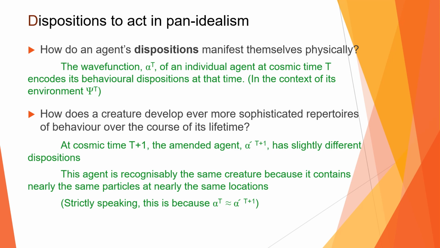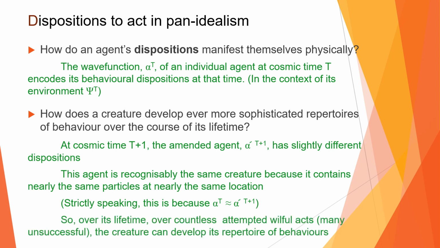Strictly speaking, this is because its wave function at time t+1 is almost equal to its wave function at time t. So, over its lifetime, and over countless attempted willful acts, many of which will be mostly or entirely unsuccessful, the creature can develop its repertoire of behaviors.